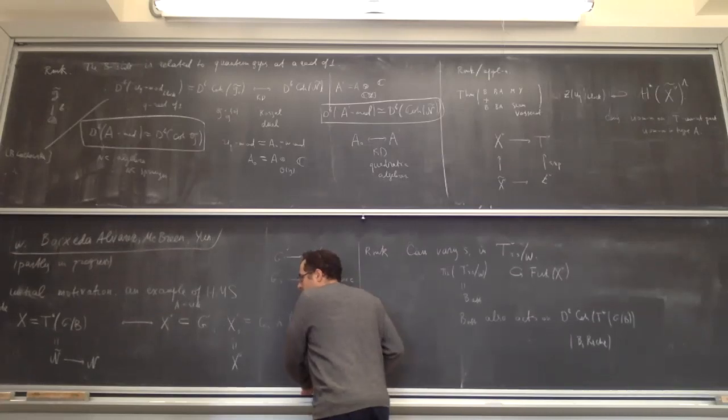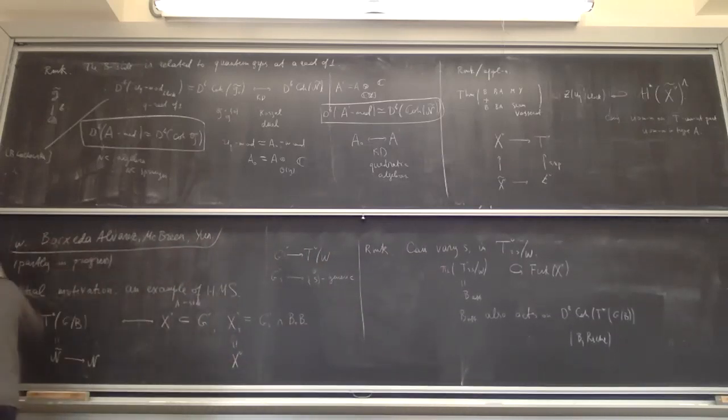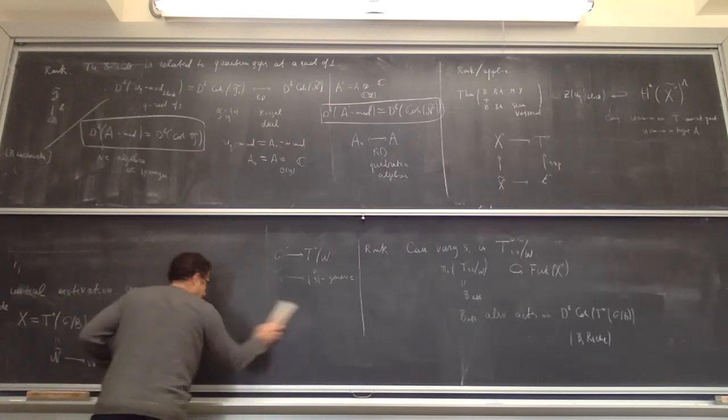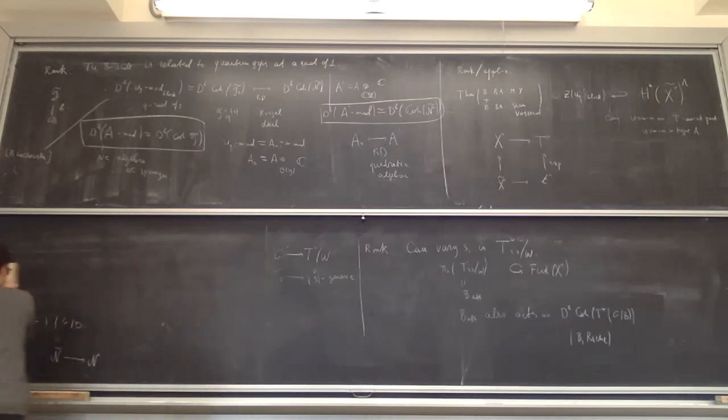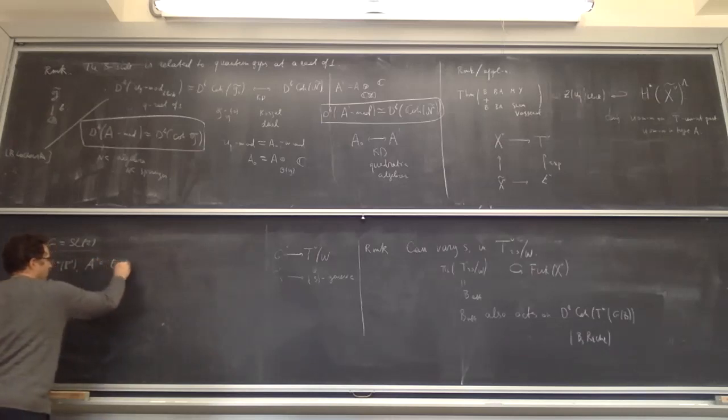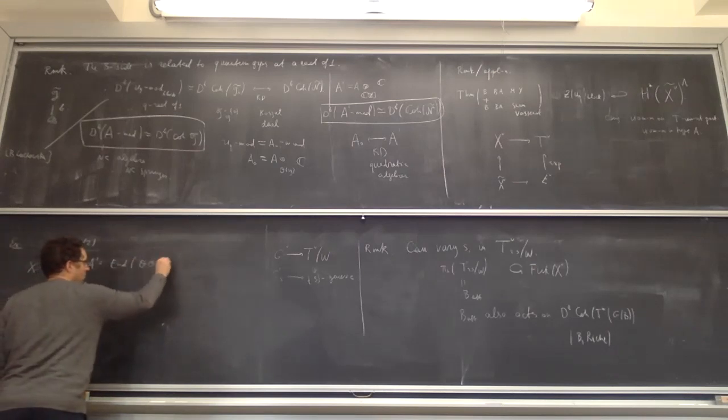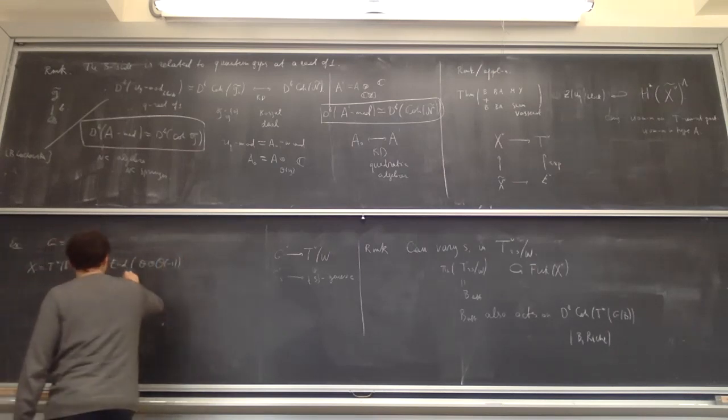Sure. So if G is SL2, X is T star P1. So A prime is the endomorphisms of O plus O(-1) on T star P1.